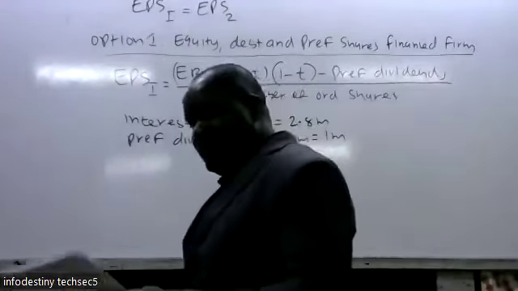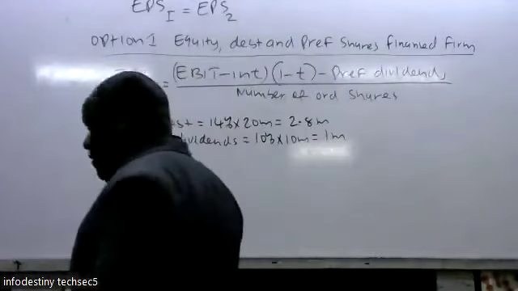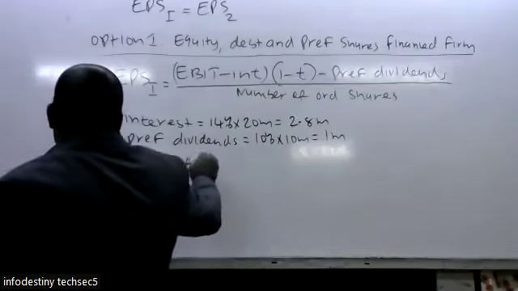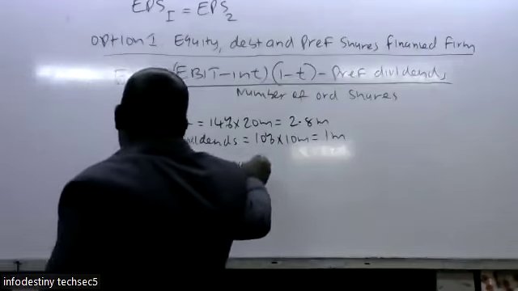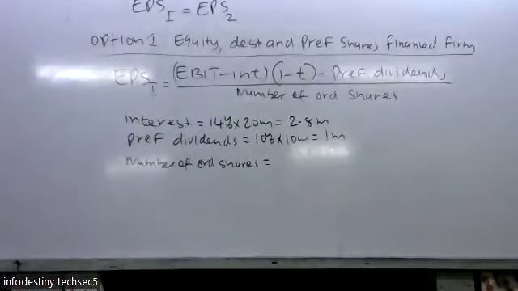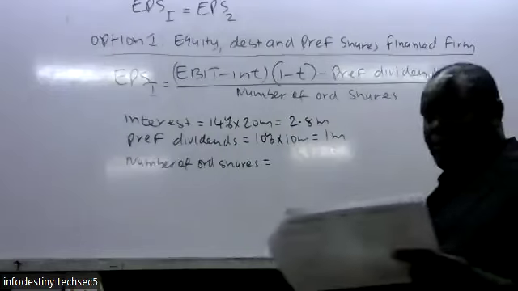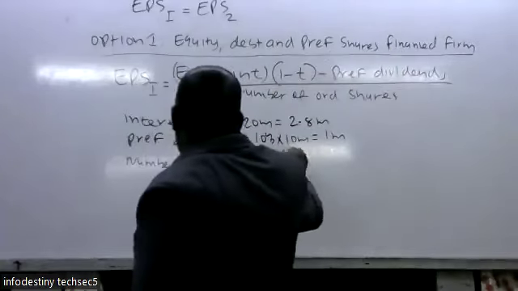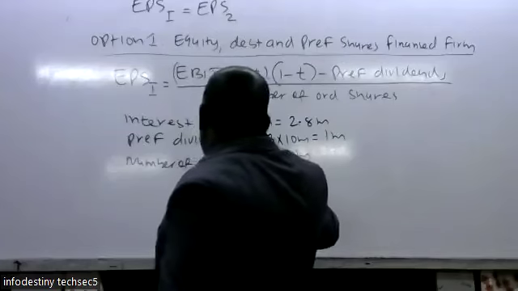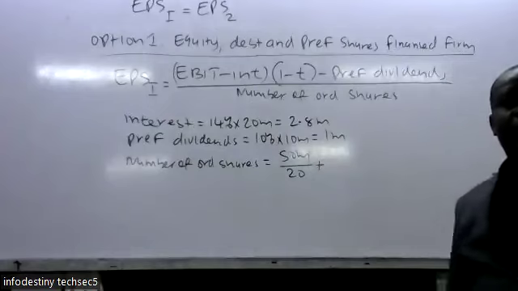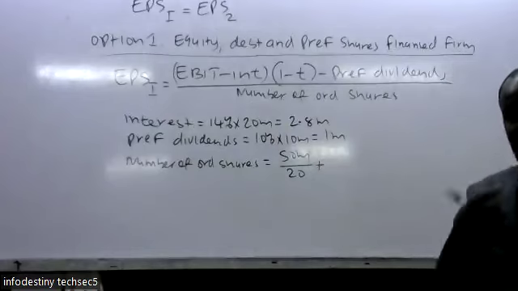The next item will now be the number of ordinary shares. To calculate the number of ordinary shares, check in the current capital structure. You can see the 50 million ordinary share capital, but the par value per share is how much? You divide by 20 to get how many shares were there. But again, check in option 1.